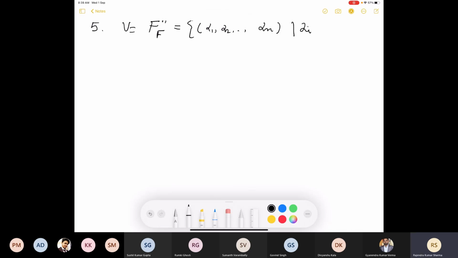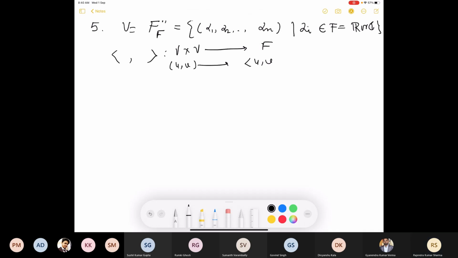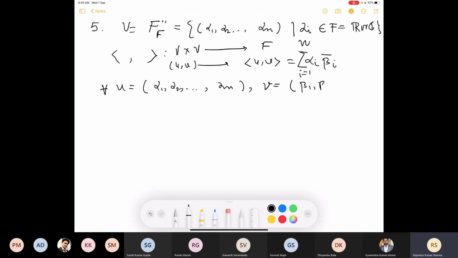Each alpha i is in F. F is R or C. And the inner product therefore is defined here, V cross V to F, by UV going to U comma V. And this is here the summation of alpha i beta i bar, i equal to 1 to n, for every u, the n-tuple alpha 1, alpha 2, alpha n, and every v, the n-tuple beta 1, beta 2, and this is beta n.